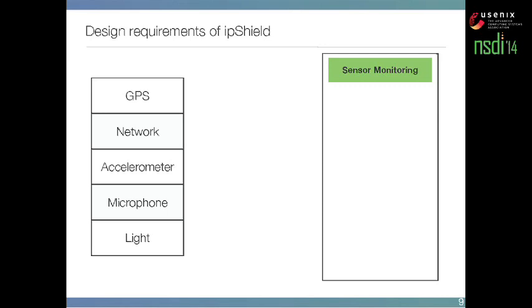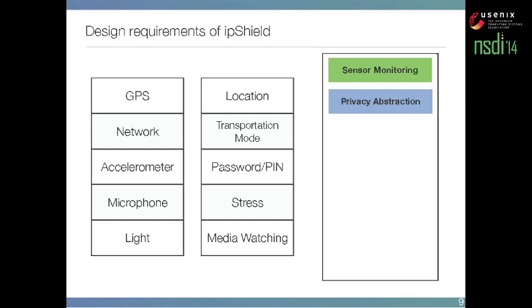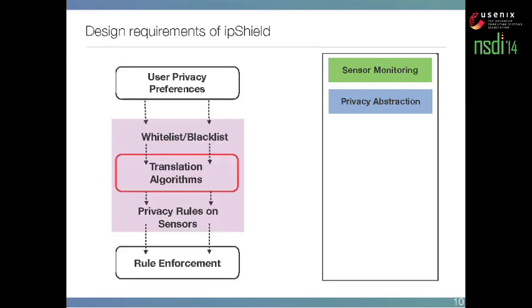Like if I ask what will happen if I grant access to an accelerometer, I really don't know. So what we wanted to do is provide the user with a better privacy abstraction, that is, present the privacy risks in terms of more meaningful privacy abstraction of inferences that could be made from these sensor data.